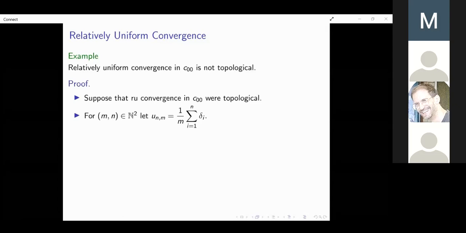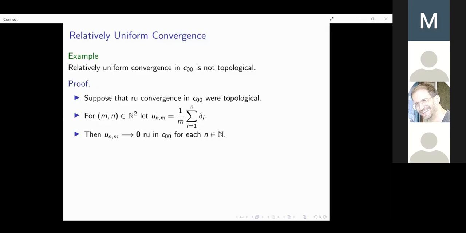U_nm would be the sequence in C00 with the first n terms equal to 1 over m and all other terms equal to 0. So for each fixed n, if we let m go to infinity, then U_nm goes to 0 relatively uniformly in C00.